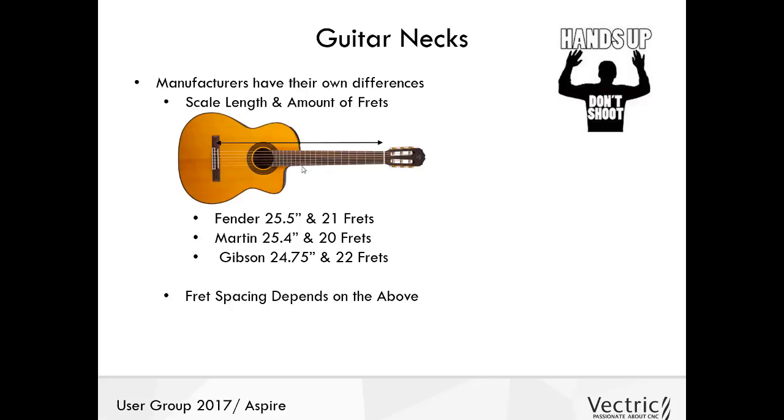And not only that, the number of frets that each guitar neck has also differs depending on the manufacturer. So you'll see some given specifications of the most common classical acoustic guitars from the top three manufacturers. And also the spacing in between each of the frets depends on these two factors.